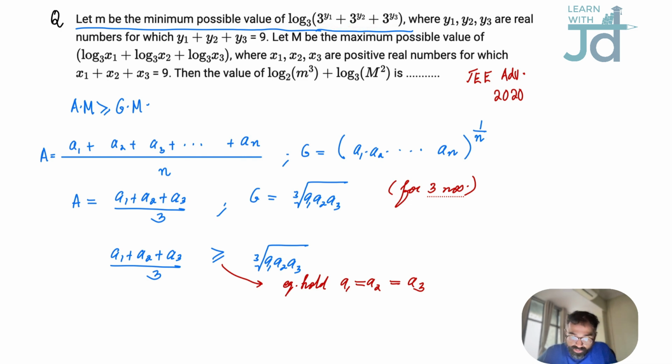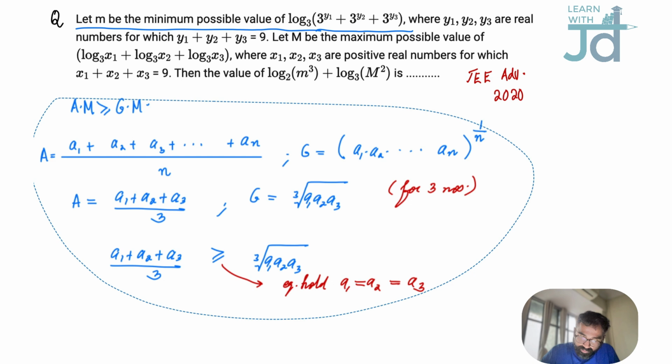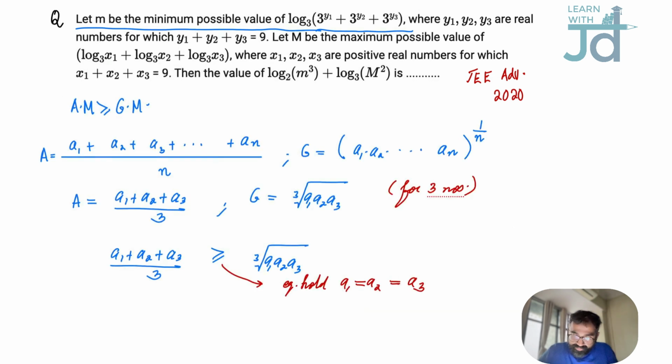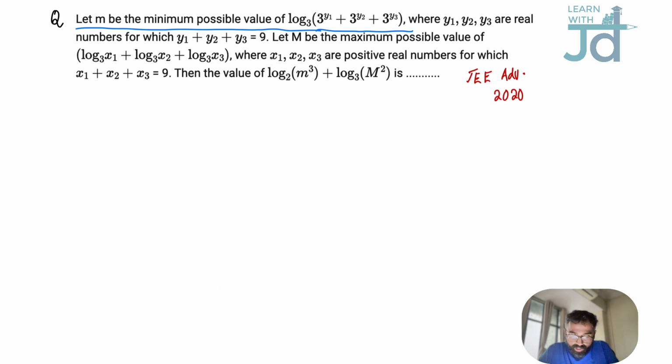I'll just duplicate this so it will be easy for me. So we'll be using this concept: the sum of 3 terms divided by 3 is greater than or equal to the cube root of the product. So what terms will we be using? We'll be using these terms, because they are acting as a sum there.